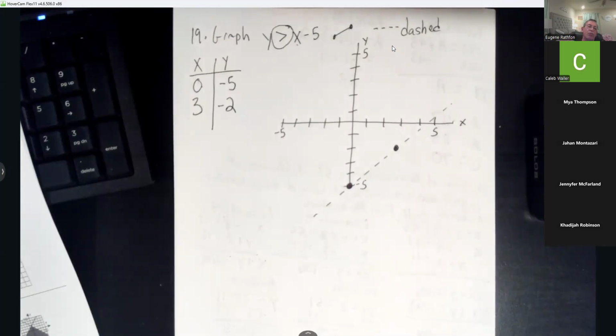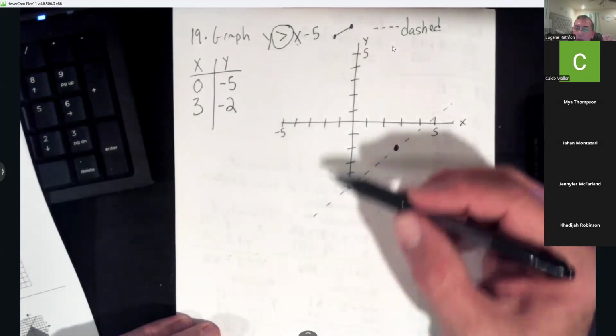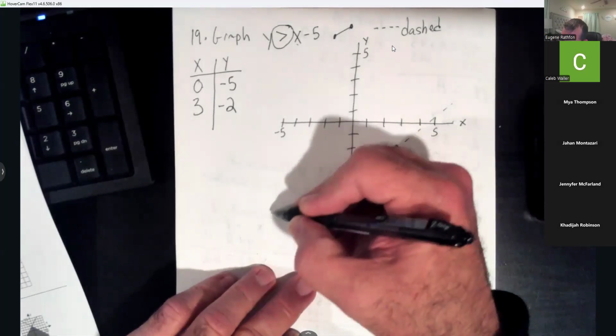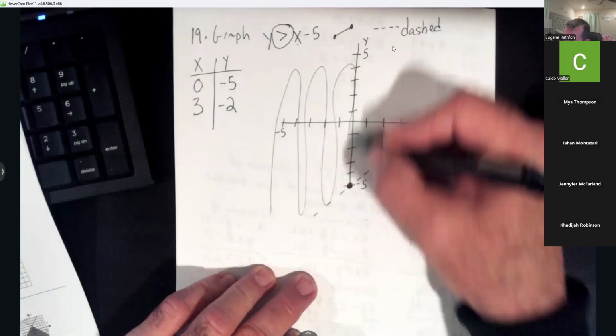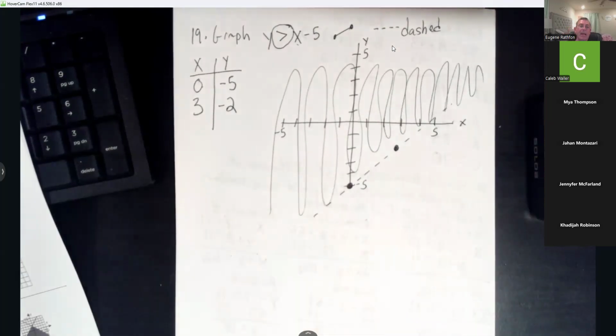Are the y values greater going up or are they greater going down? So y'all are saying above? Because remember, if it's greater than, you're going to shade above that line. So you would come in and shade everything that's above that line, okay?